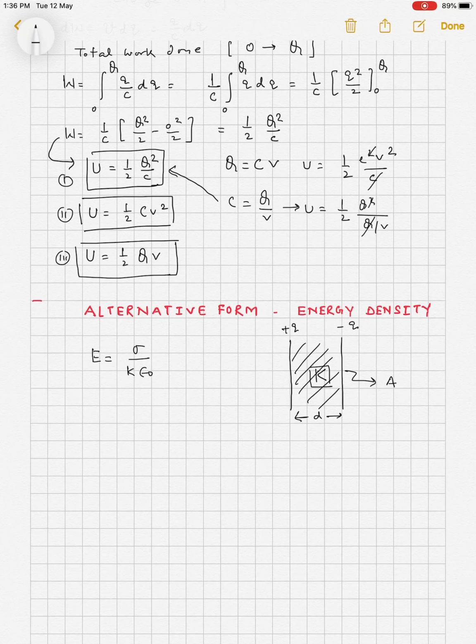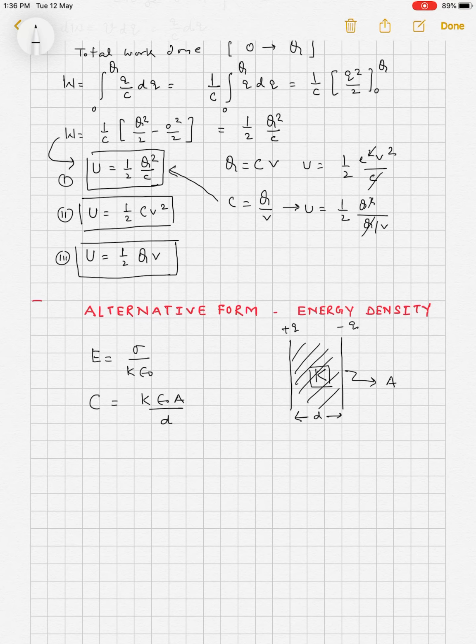This is the electric field between the gap of the parallel plate capacitor, and the capacitance is equal to K epsilon naught A by d. This is the formula for capacitance.